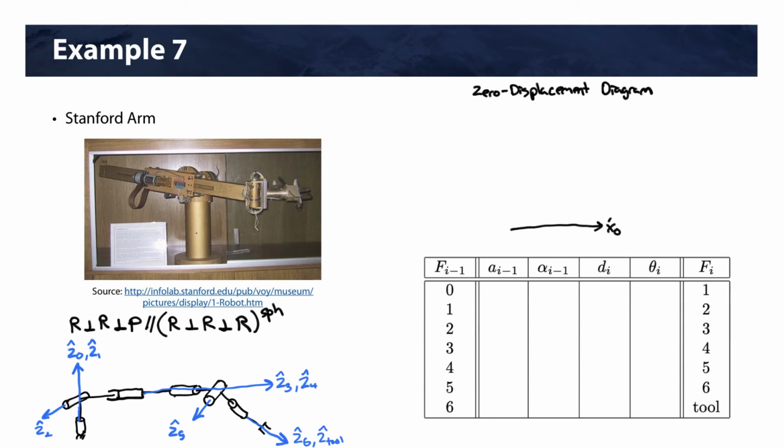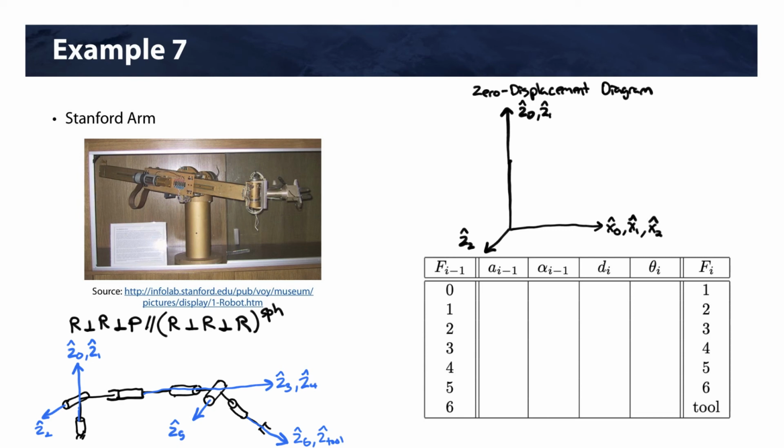So we're going to have x0 here. We're going to have z0 there. All right, z1 is collinear. This will be x1. z2 is coming out. It's perpendicular to z1. But its x-axis is here.